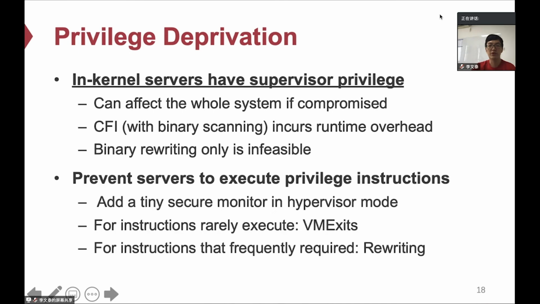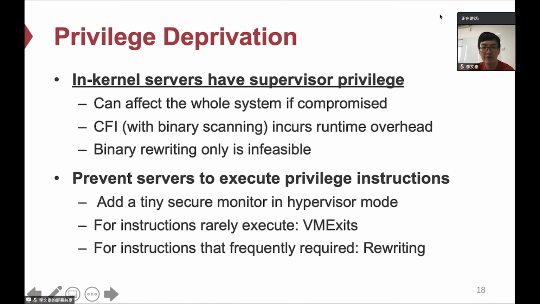So, UnderBridge combines the usage of hardware virtualization and binary rewriting to prevent the execution of privileged instructions in system servers. UnderBridge runs the microkernel in the non-root mode and deploys a tiny secure monitor in the root mode.